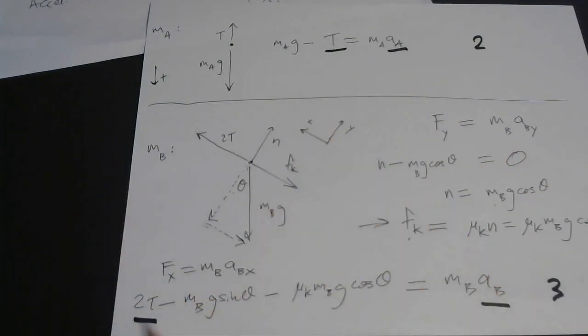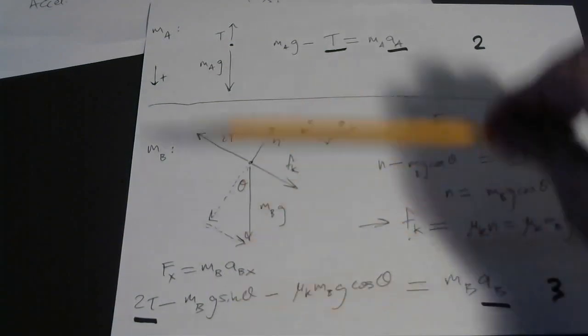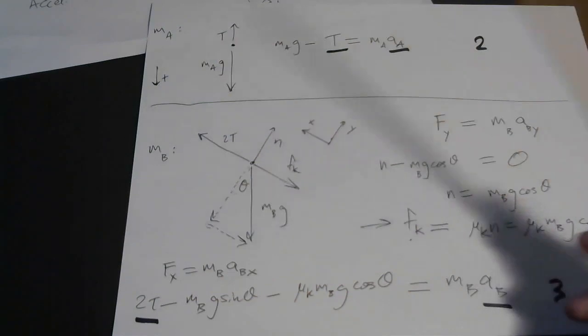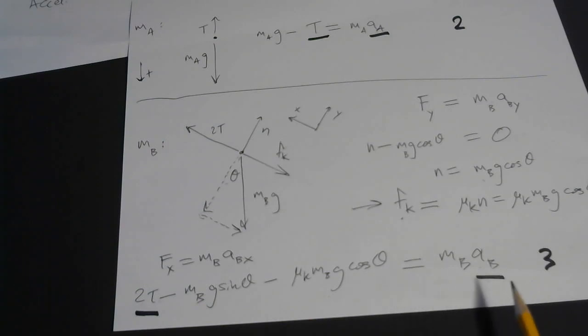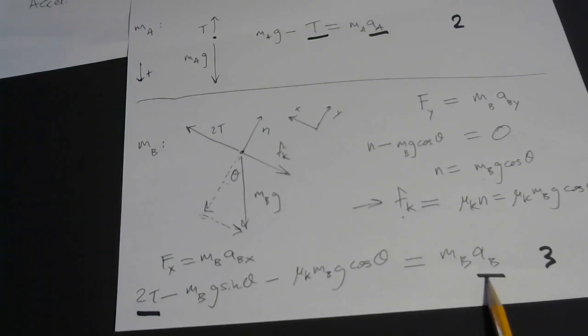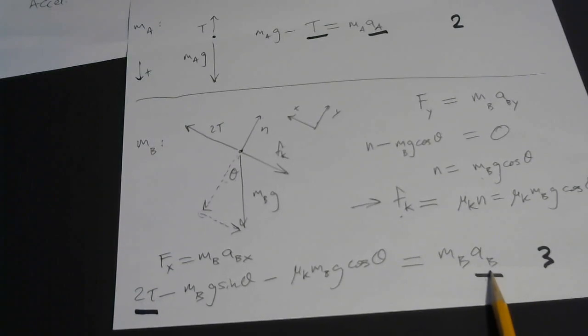So I need to eliminate the tension. Now, if I could turn this 2T into a T, I'd have a plus T here and a negative T here. I could add these equations and the T's would be eliminated. Well, notice if I multiply this entire equation by 1/2, I would have a 1/2 A_B. Actually, that's no good because A_B is already 1/2 of, well, I suppose that would work.